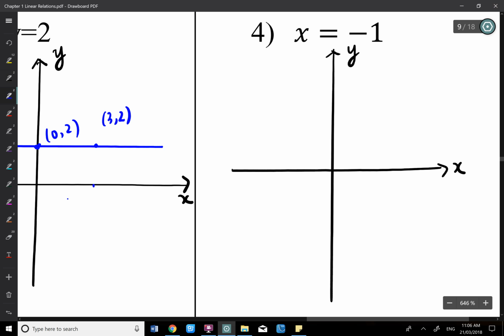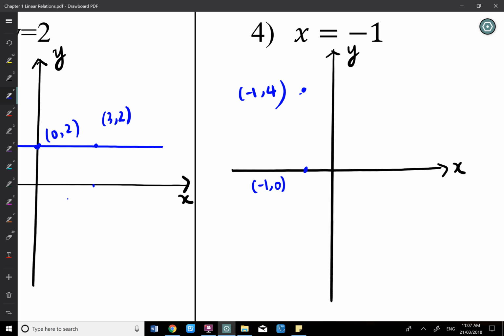So I can have (-1, 0). I can also have (-1, 4). Any point. You can put (-1, -2). Just need x to be -1.